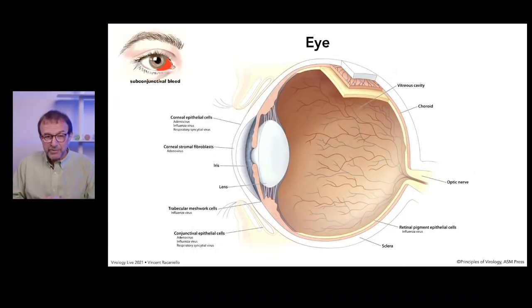The eye is another place where you can get a virus infection. If you've ever had a red bleed in your eye, it's called a subconjunctival bleed. This can be caused by a virus infection. I get one about once every 2 months, and it's not caused by a virus infection. I just had one last week, in fact.